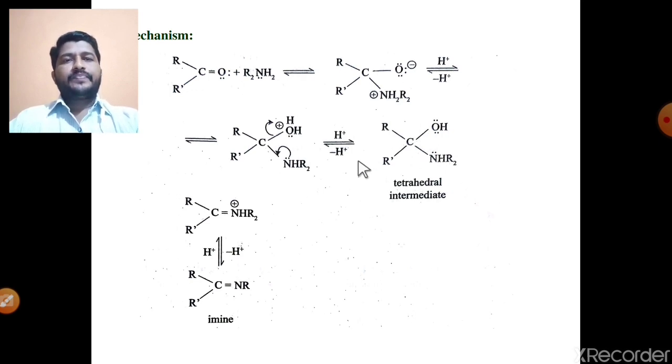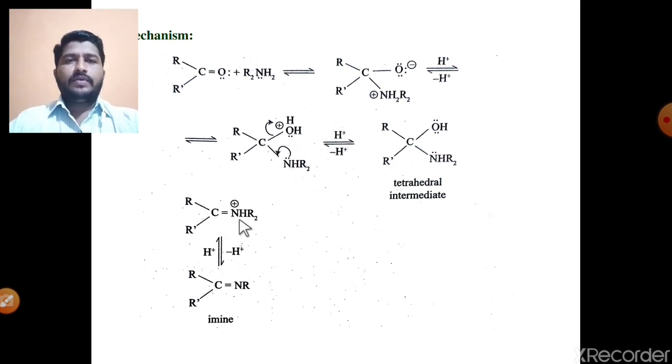Then the next step is protonation of this OH group. After protonation, the electron pair of this nitrogen participates in delocalization. At the same time, the OH group is eliminated, so water molecule is eliminated; with loss of the electron pair, nitrogen gains positive charge, and there is a double bond formation between this carbon and nitrogen.